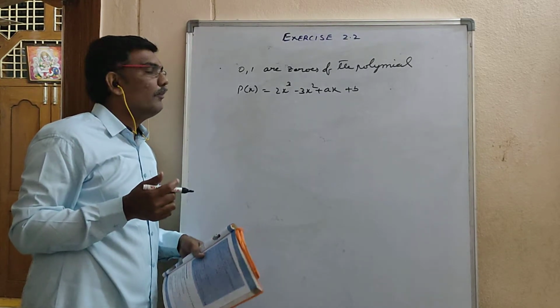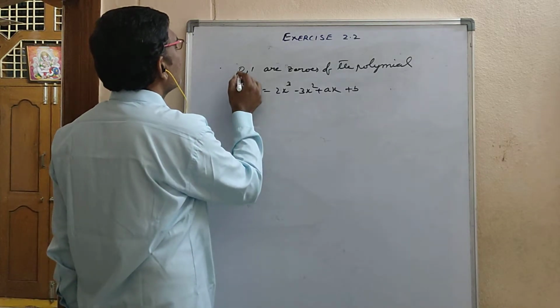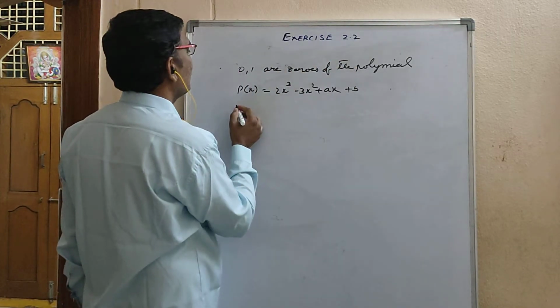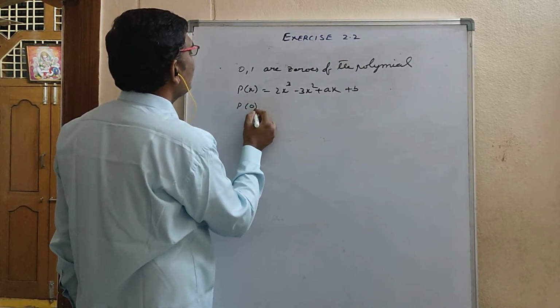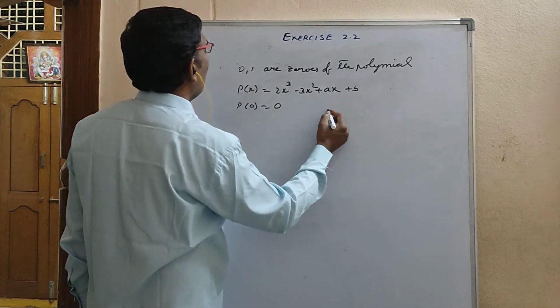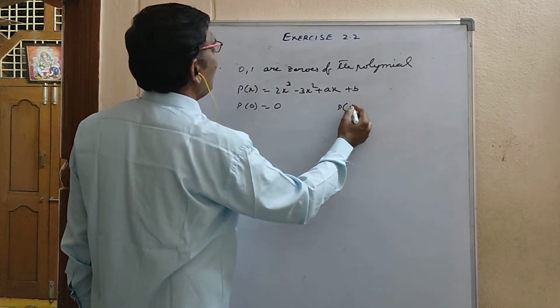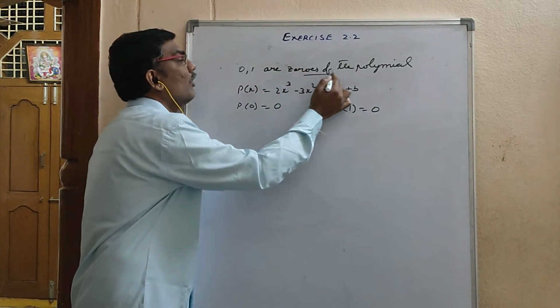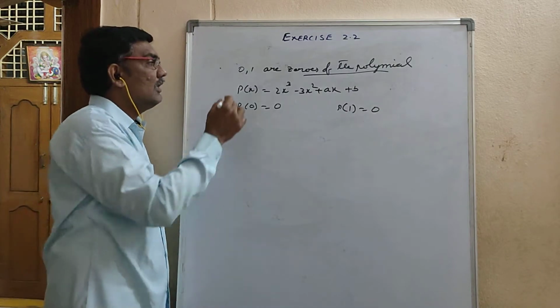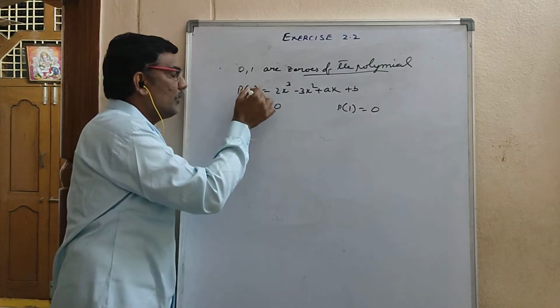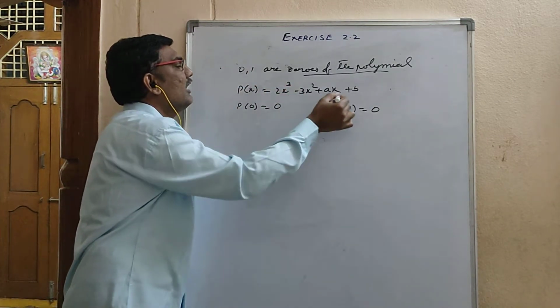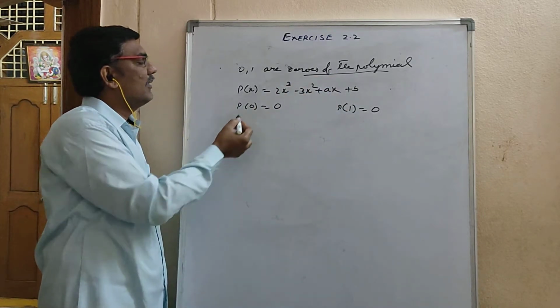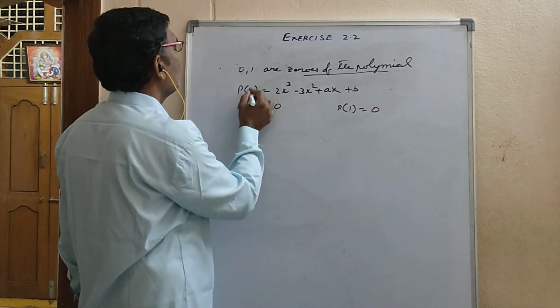Okay. So since 0 and 1 are the zeros of the polynomial, P of 0 is 0 and P of 1 is also 0. The definition of a zero of the polynomial is nothing but this: if you substitute that value in place of x, the entire expression becomes 0. Same thing I have written.